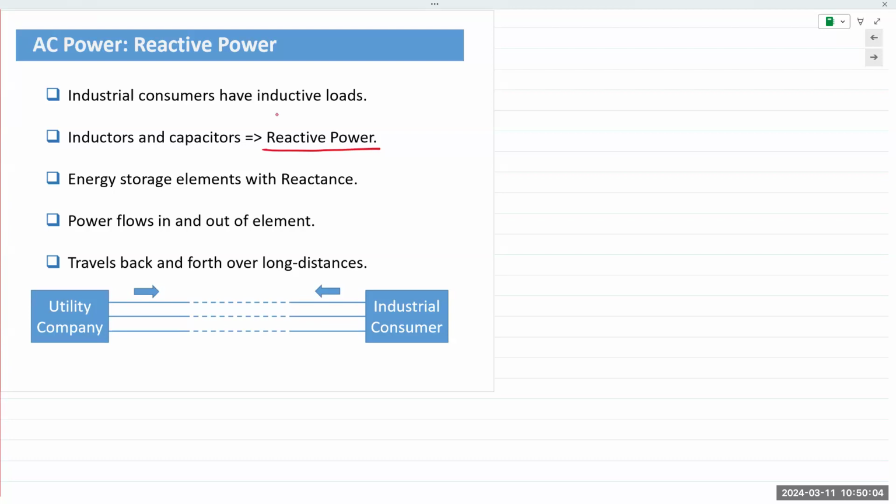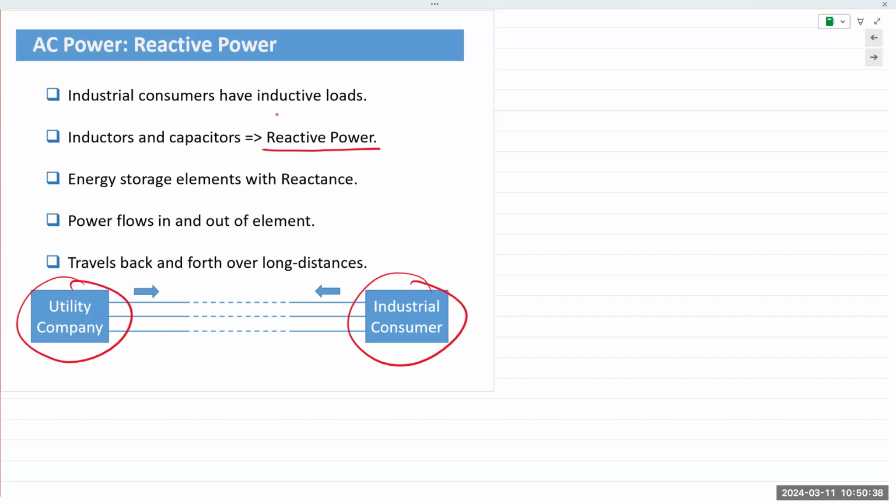So reactive power for an inductor, and we keep the capacitor on the side for now, flows in and then flows out. For every half cycle, it flows in and out. Now, if we take that concept and apply it to a utility and the industrial customer that is hundreds of miles away, this reactive power has to travel hundreds of miles from the source, which is the utility company, all the way to the industrial customer.